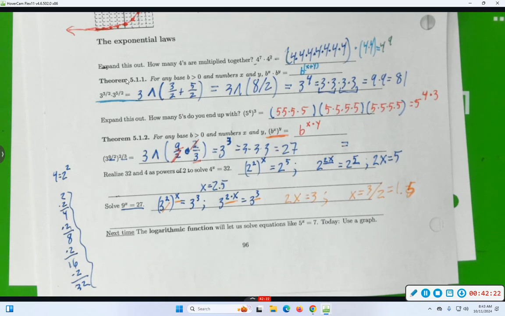What if I asked you to solve 5 to the x equals 7? Could you use the same technique for that? Between 5 and 7, is there a common base? No, I mean, really, yes, but no. In order to find that common base, you'll need a doodad called a logarithmic function, which is what we'll develop next time.